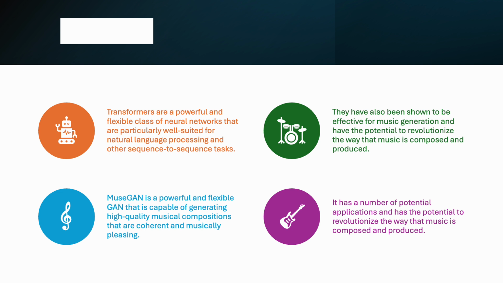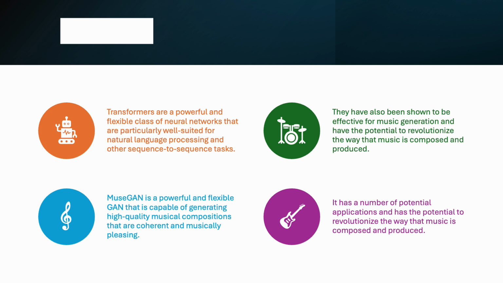So, transformers are a powerful and flexible class of neural networks that are particularly well suited for natural language processing and other sequence to sequence tasks. They have been shown to be effective for music generation and have the potential to revolutionize the way that music is composed and produced.